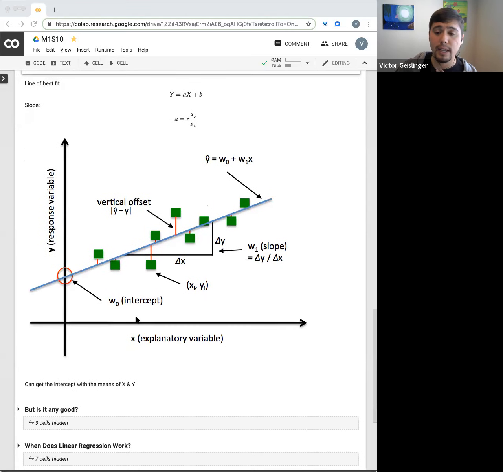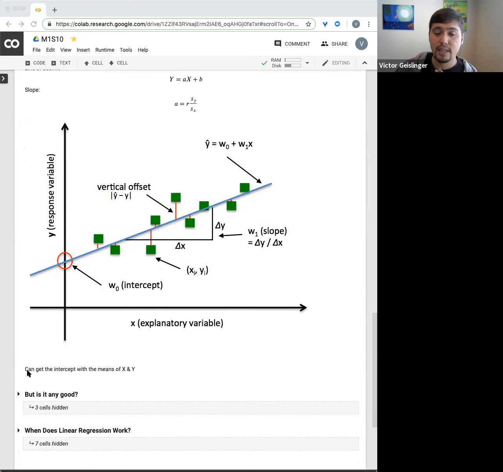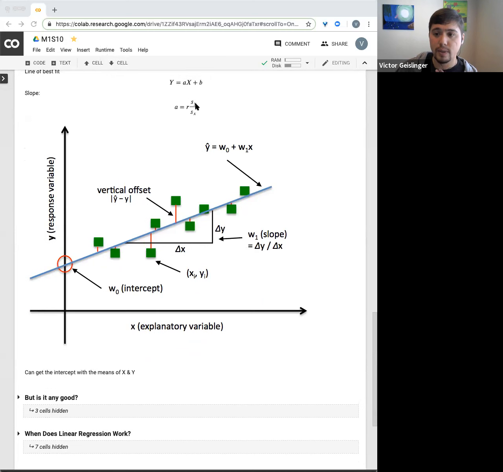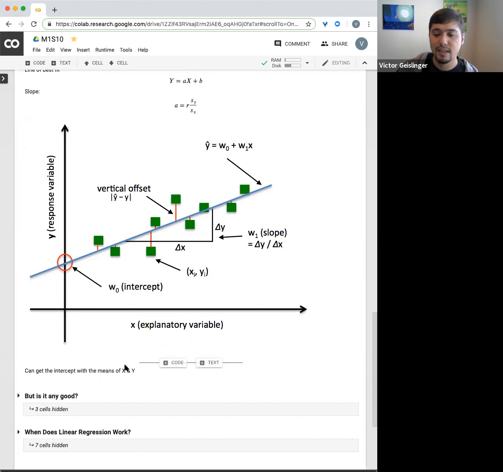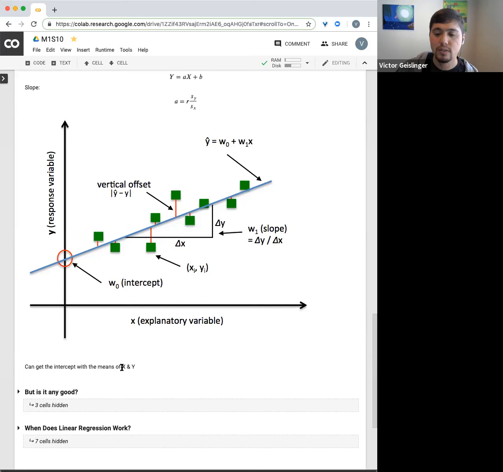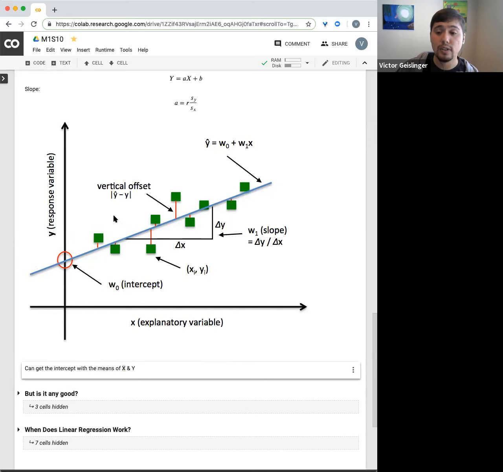So one thing to note is that we can actually get the intercept. We can get this equation, we can get the slope, but if you remember, what's that B part? What's that W0? How do I get that part? There's a subtle point that we'll talk about in a second, which is that you actually use the mean of X and the mean of Y. Let's say the average of X is right here, and the average of Y is right here.